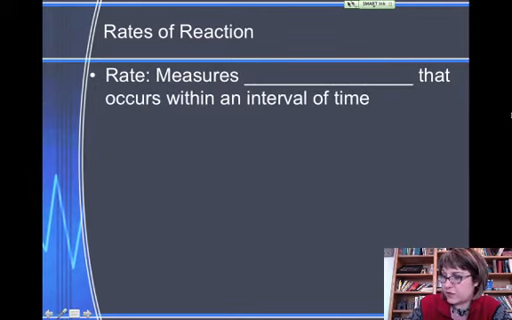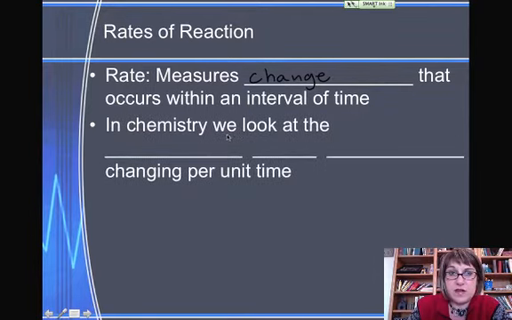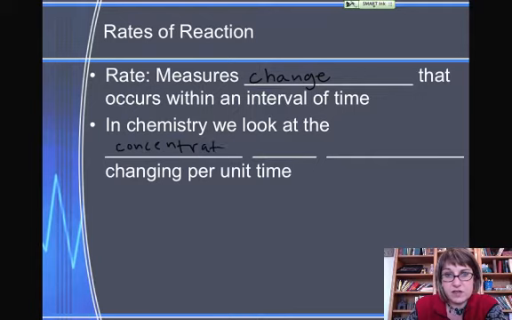By rates of reaction, we are simply talking about the type of change that occurs within an interval of time. So that's what rate really means, measuring the change in a given amount of time. In chemistry specifically, we're looking at the concentration or the amount of substances that change per unit time.